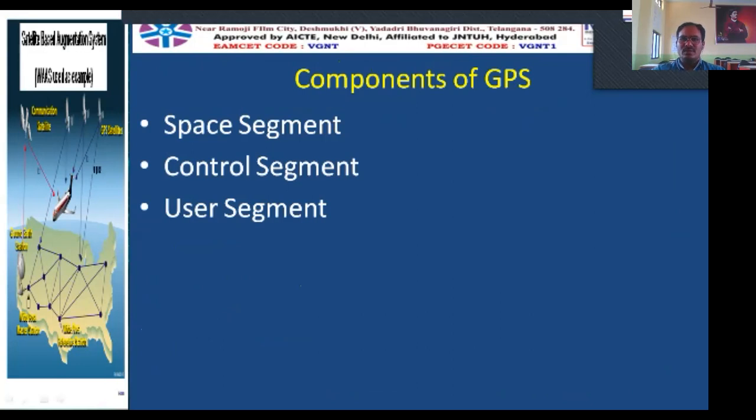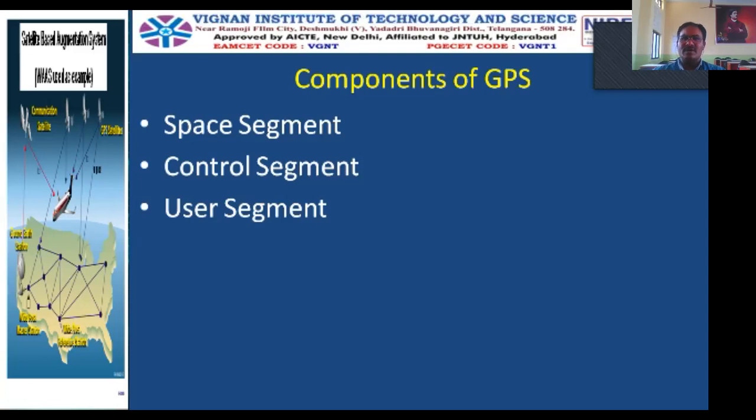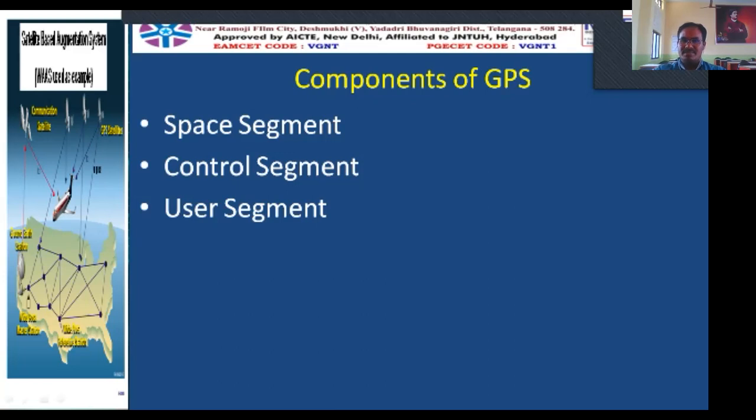Now, we'll go as per the syllabus content in the syllabus book. So what are the components of the GPS? The GPS system is broadly categorized into three components. Of course, we already knew this, but we are studying as per the syllabus. The first is the space segment, the second is the control segment, and the third is the user segment.